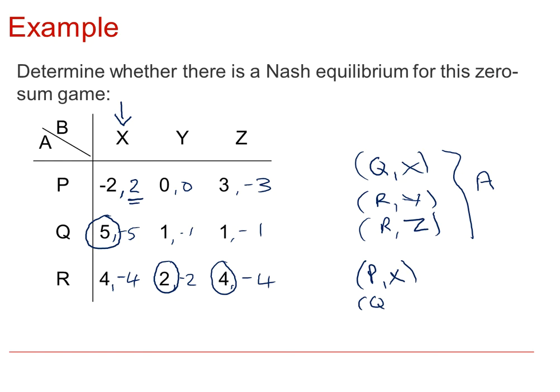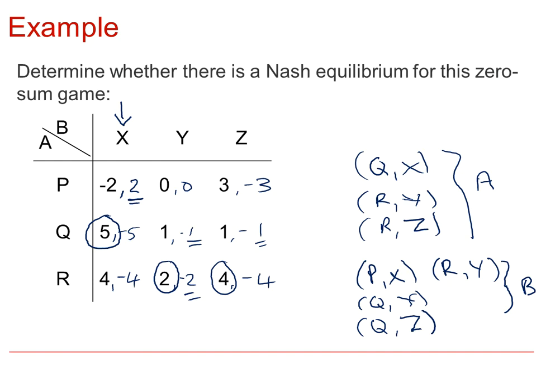If A goes for Q, then B is going to choose either Y or Z, and we have 2 options here and we need to list both of them. And finally, when A goes for strategy R, then B will go for Y as the least worst option.